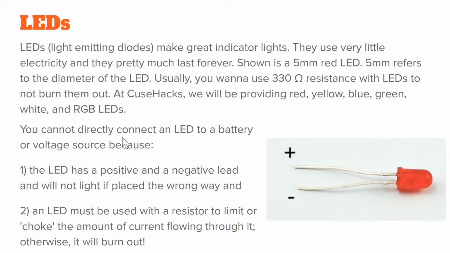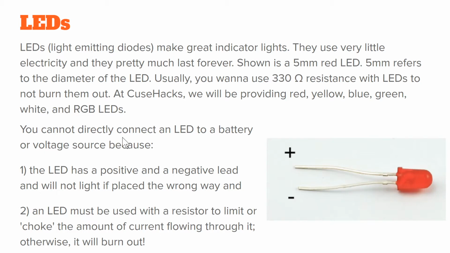Okay. So I already spoke a little bit about LEDs, but I'll go a little bit more in depth. So LEDs, or light emitting diodes, make great indicator lights. They use very little electricity, and they pretty much last forever if you use the right resistor value. The LEDs that we'll be providing, and the one shown, is a 5mm red LED.